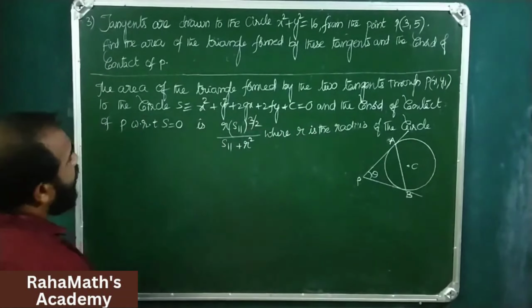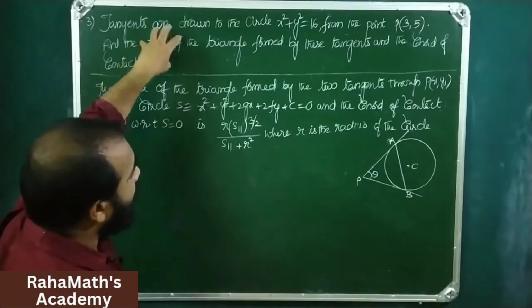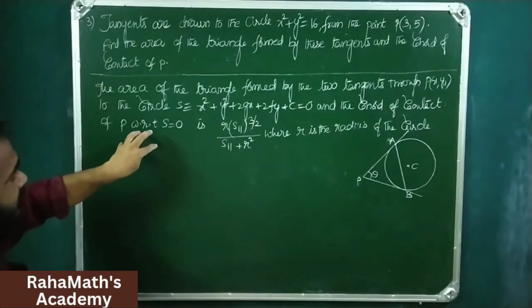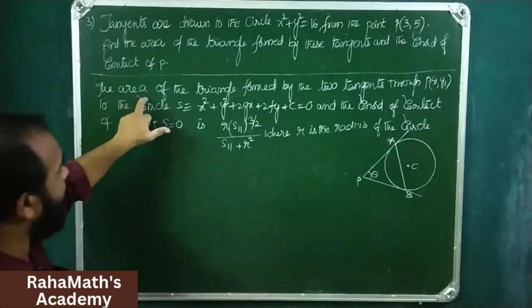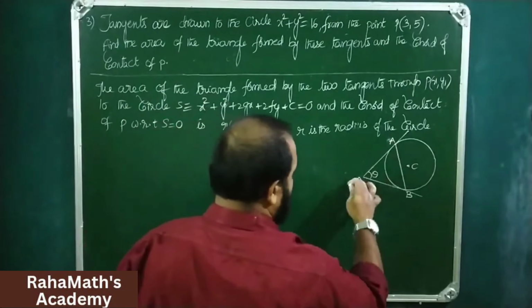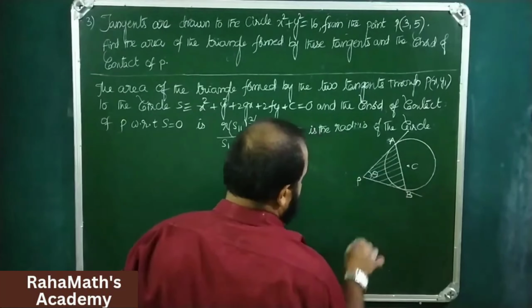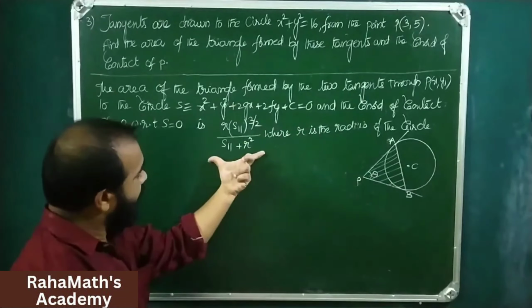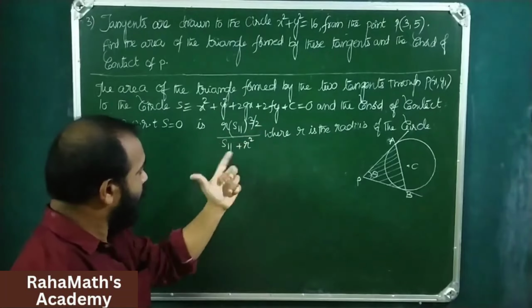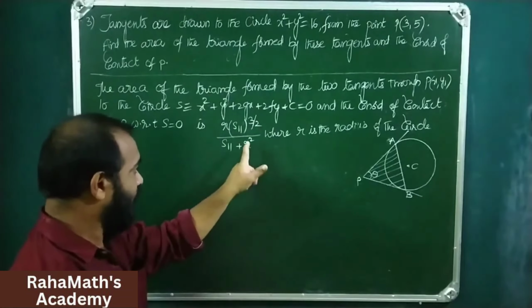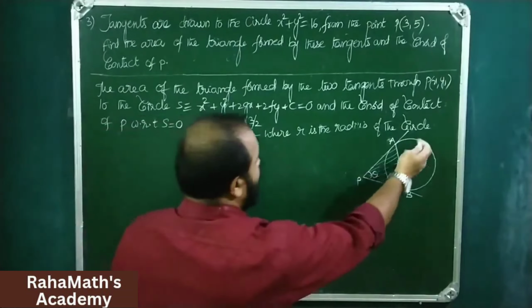So let us deal with this theorem. The area of this triangle is R into S11 whole power 3 by 2 by S11 plus R square, where R is the radius of this circle.